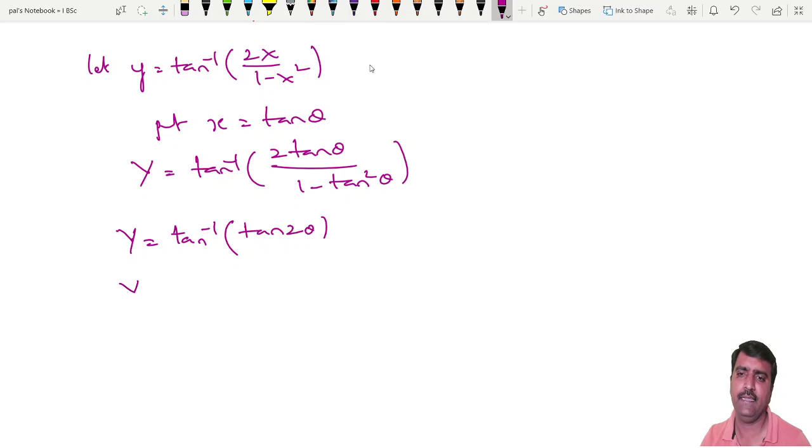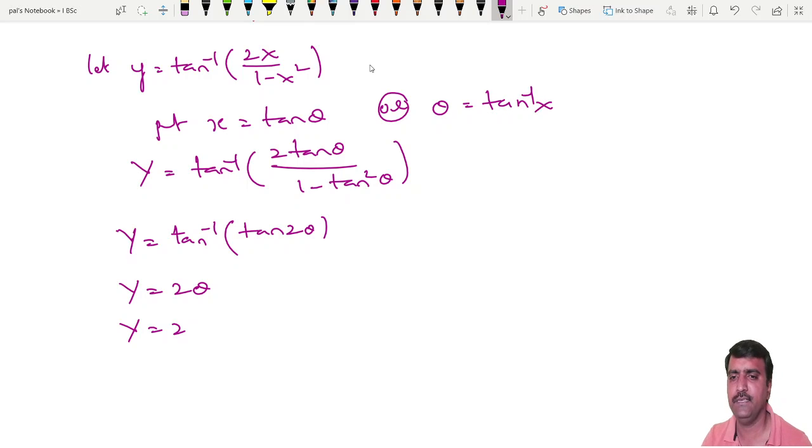Tan inverse tan cancel, y is equal to 2 theta. What is theta? Theta is equal to tan inverse of x. So it is 2 into tan inverse of x.